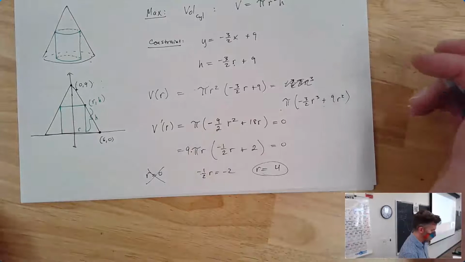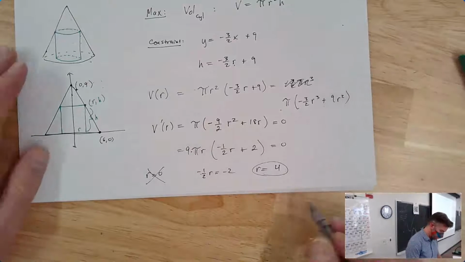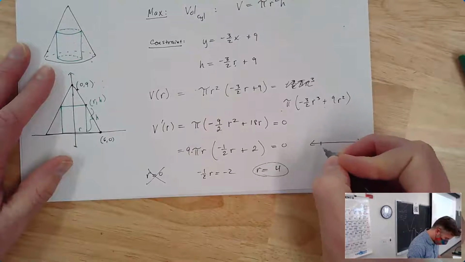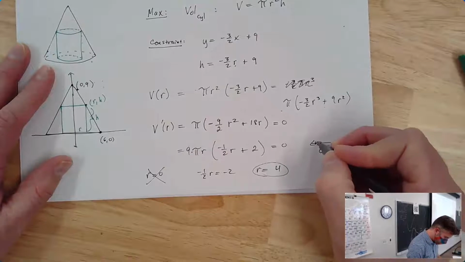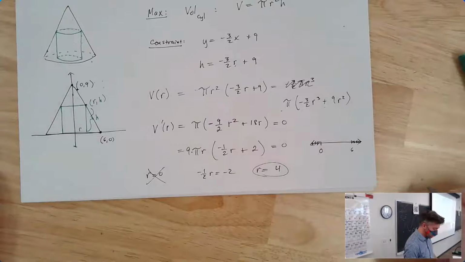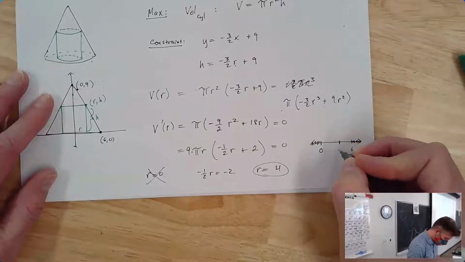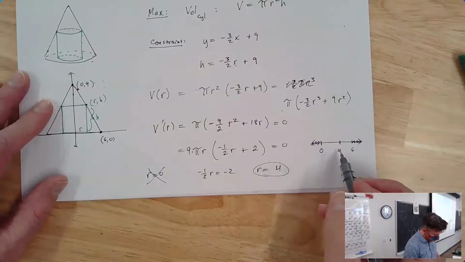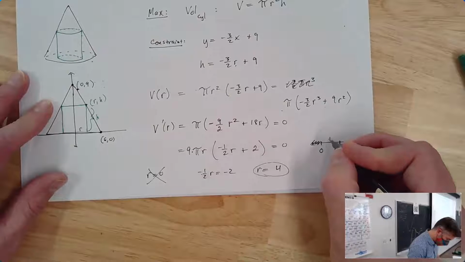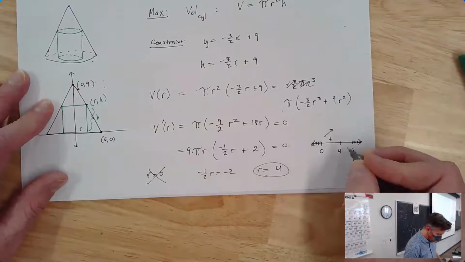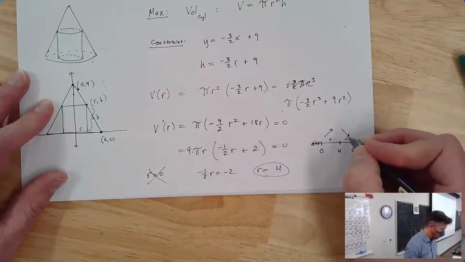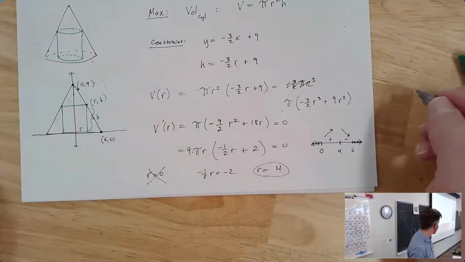And then we should check to make sure it's a maximum. So if I look back at my derivative, with r being at the least 0, at the most 6, for the same reasons as before. If you pick something less than 4, like 1, my derivative is definitely going to be positive. If it's something bigger than 4, like 5, that part's going to be negative. So yeah, we have a maximum at 4.